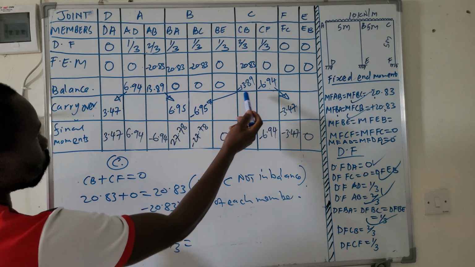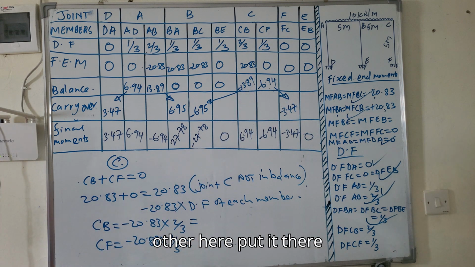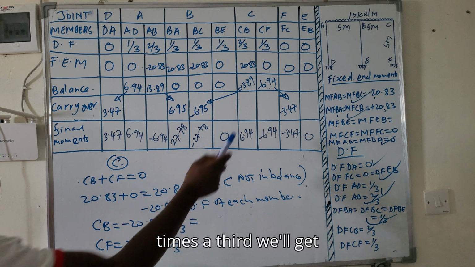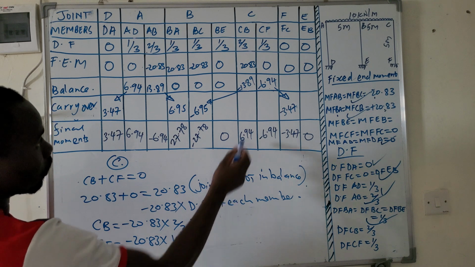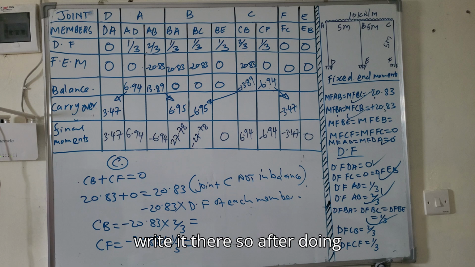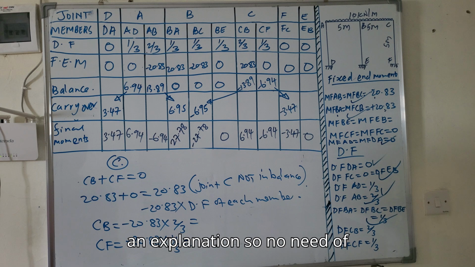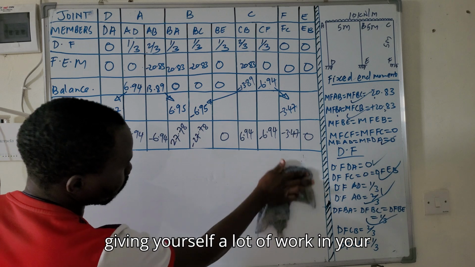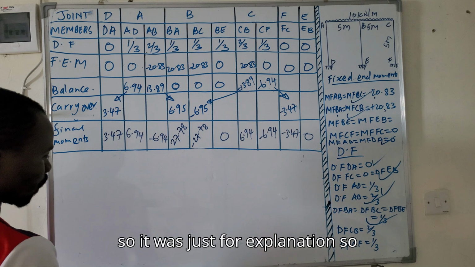You write it there. CF, negative 20.83 times a third. We'll get negative 6.94. Your answer, write it there. This is just for explanation, so no need of giving yourself a lot of work in your exam. It was just for explanation.